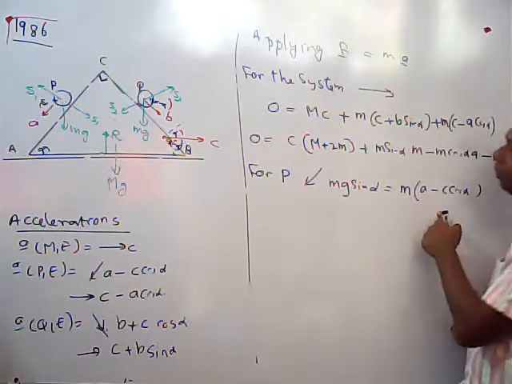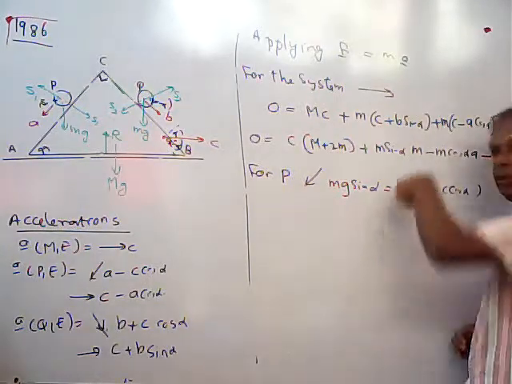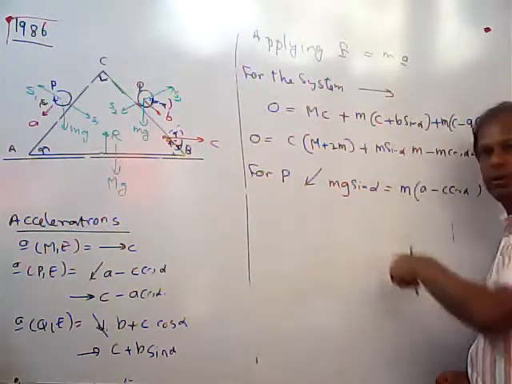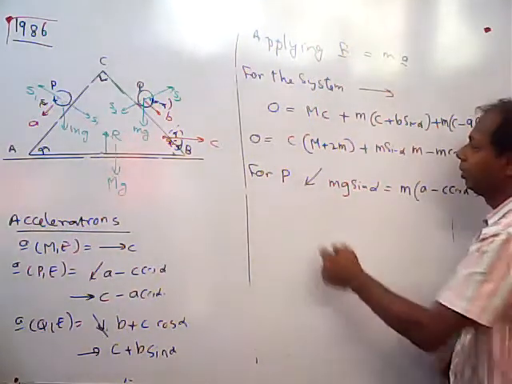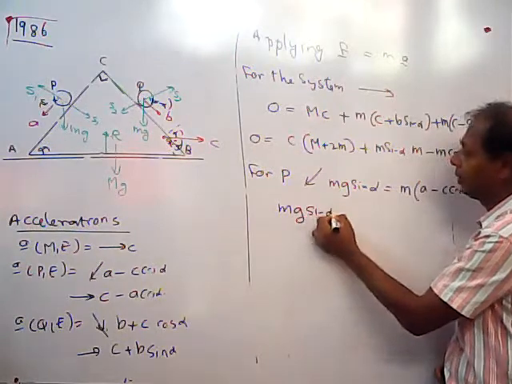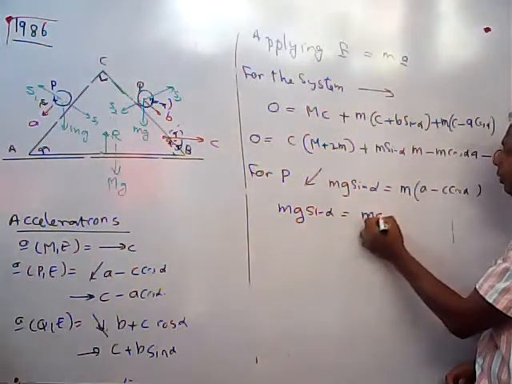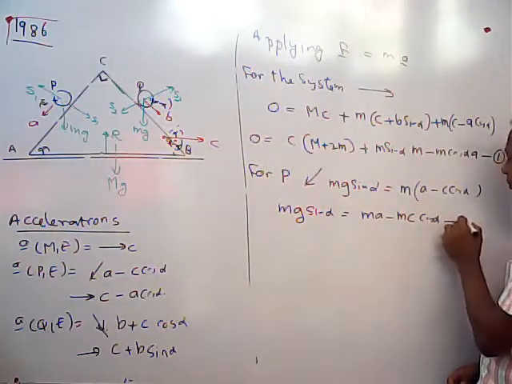I'll separate the unknowns. You can cancel this term here, but if you do so, you will have to reintroduce it later on. Therefore, no point in cancelling it at this moment. We will just keep it here. mg sin alpha equals ma minus mc cos alpha.